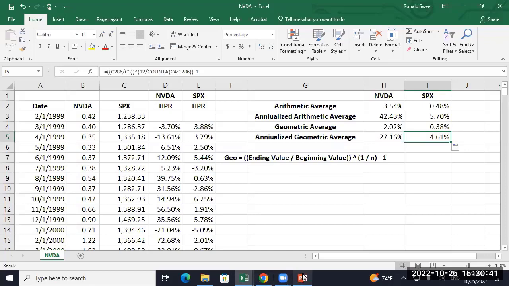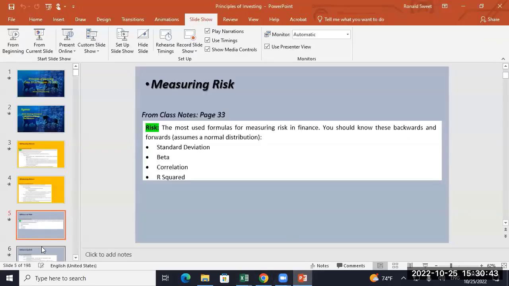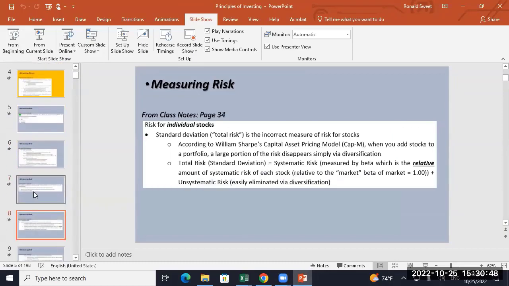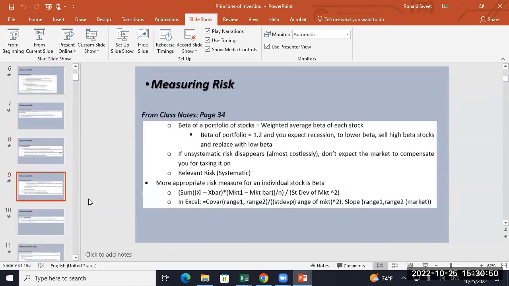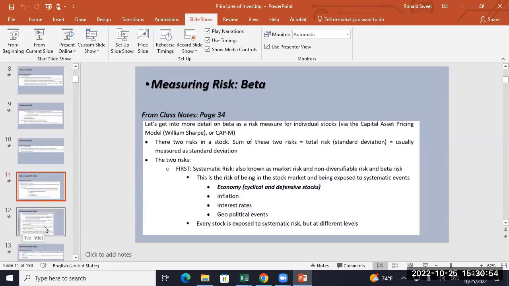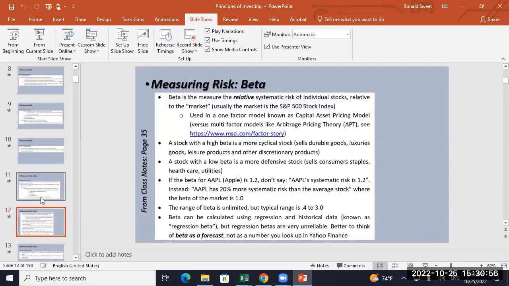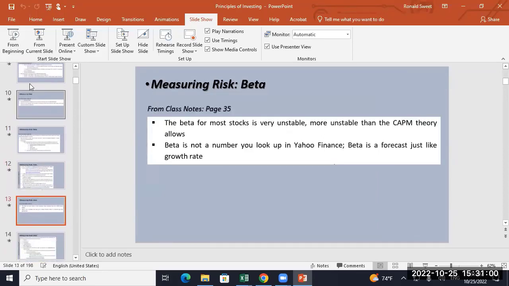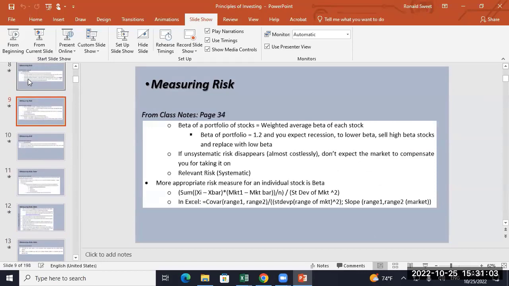Now something I'll show you in the notes that we can try. I think I put it down here. Yeah, I thought I had it in the notes, but maybe I don't.